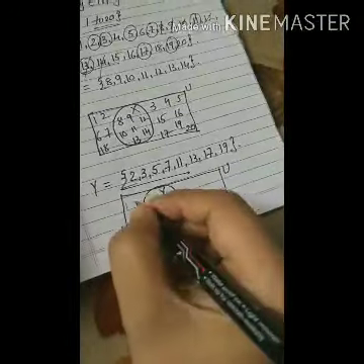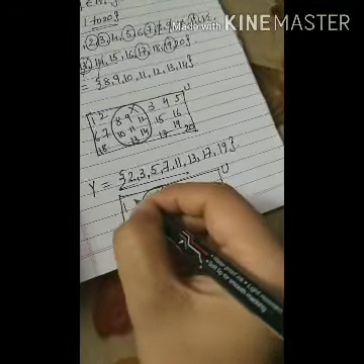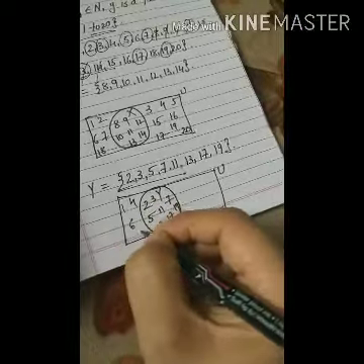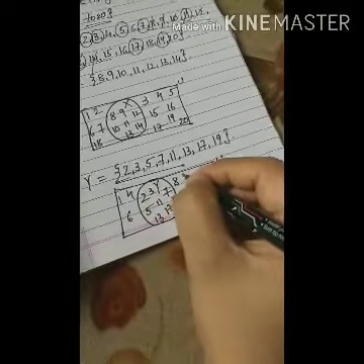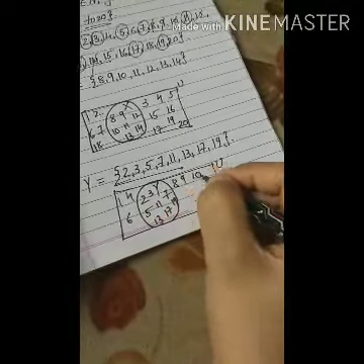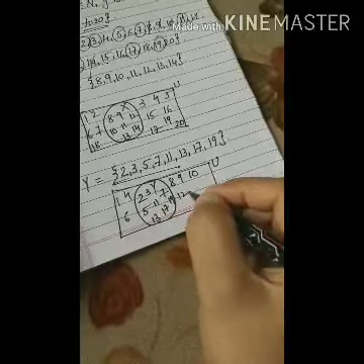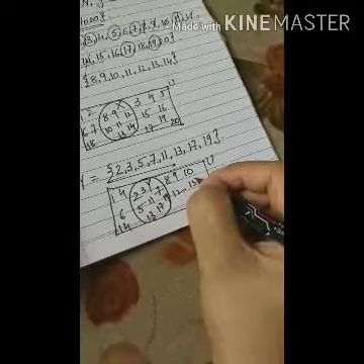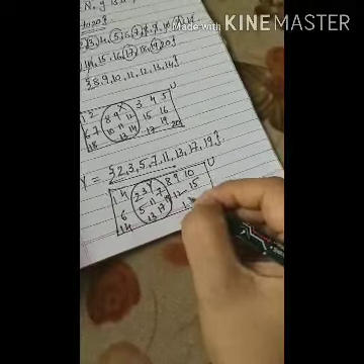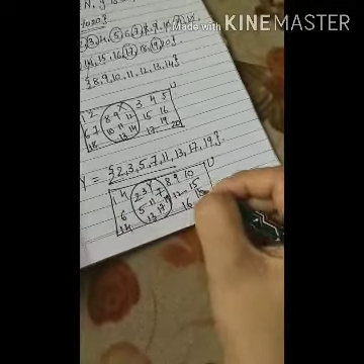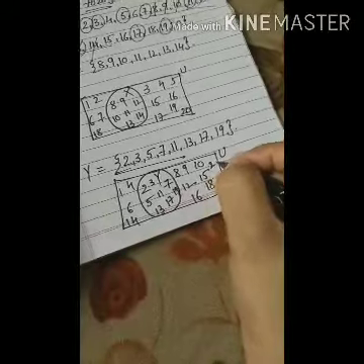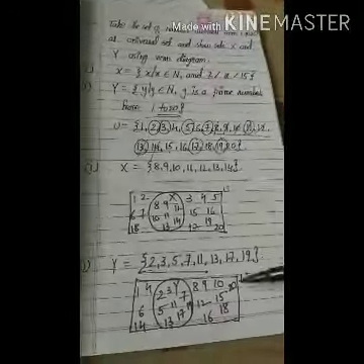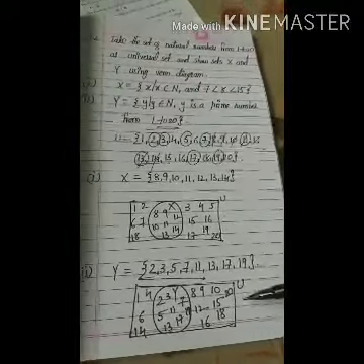Now what are the remaining? 1, 4, 6, 8, 9, 10, 12, 14, 15, 16, 18 and last is 20. These are the two Venn diagrams for set X and for set Y.